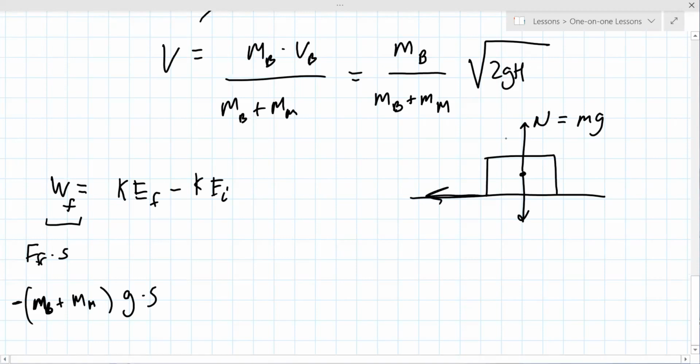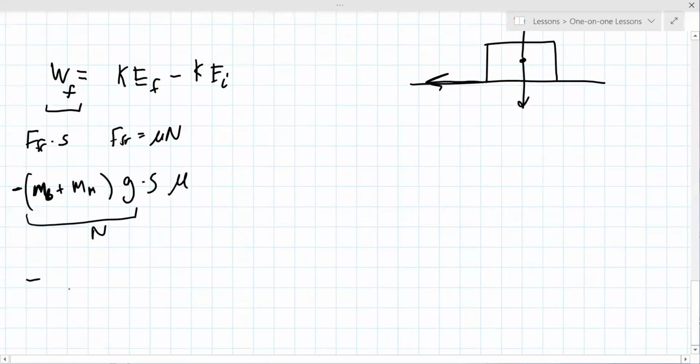And then the force of friction has a mu in it. So force of friction equals mu times the normal force. This is the normal force right here, and then there's mu. So it's minus mu, mass of the block plus mass of the magnet, g times s, equals. Kinetic energy final is 0 because it stops.